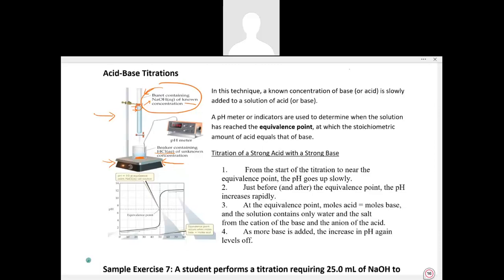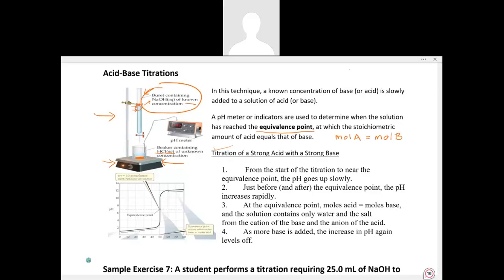So once we reach this equivalence point, this term right here in bold, this means that we have an equivalent amount. So the stoichiometric amounts of acid are equal to base. So we have moles of acid equal moles of base at this equivalence point.